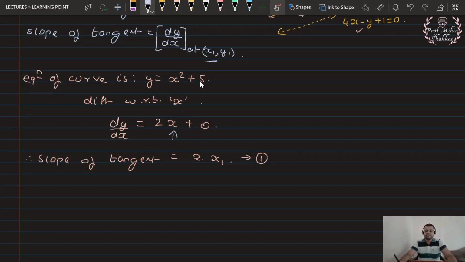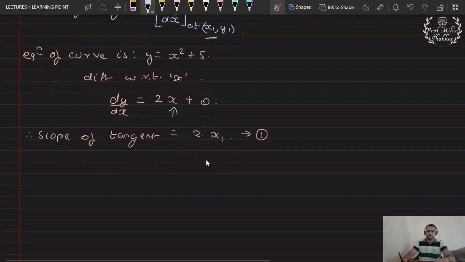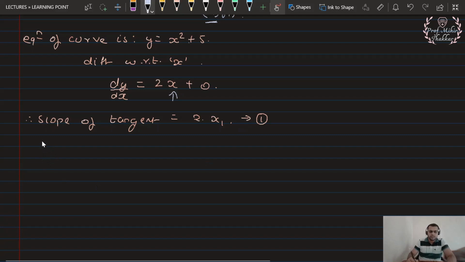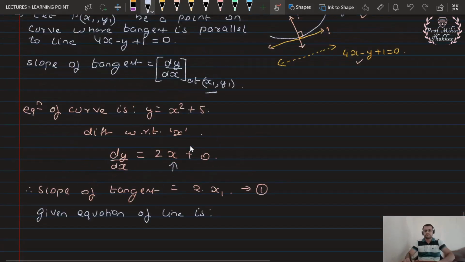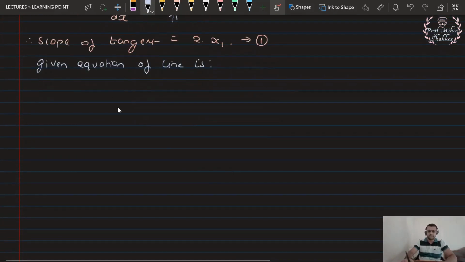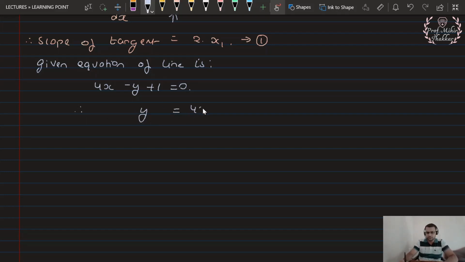Now, after getting slope of tangent as 2x1, I go to the equation of the line. Given equation of line is 4x minus y plus 1 is equal to 0. So I can say that y is definitely equal to 4x plus 1.